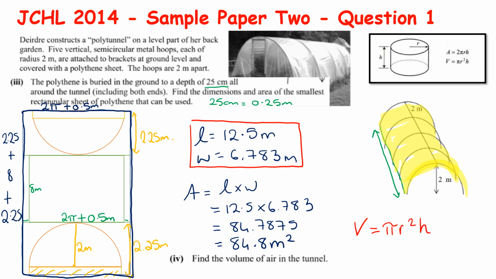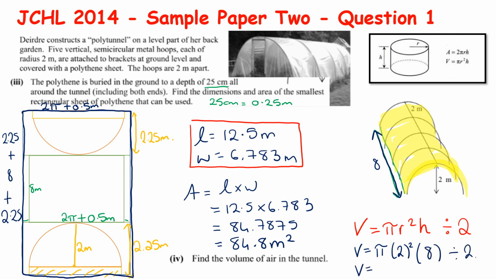Here we have a very straightforward volume question that we'll be able to do regardless of how we found the previous part. So the volume of the tunnel is going to be the volume of the cylinder, but since it is only half of it, we're going to divide it in two. So this is pi times 2 squared. The height in this case is equal to our 8 here, because we think of it as being on its side. And then you divide by 2.